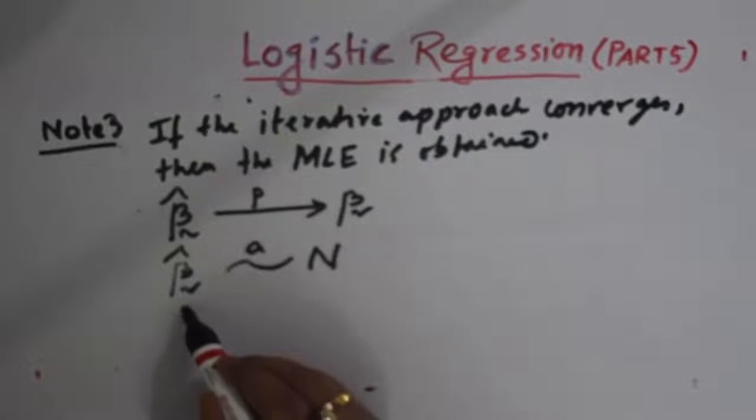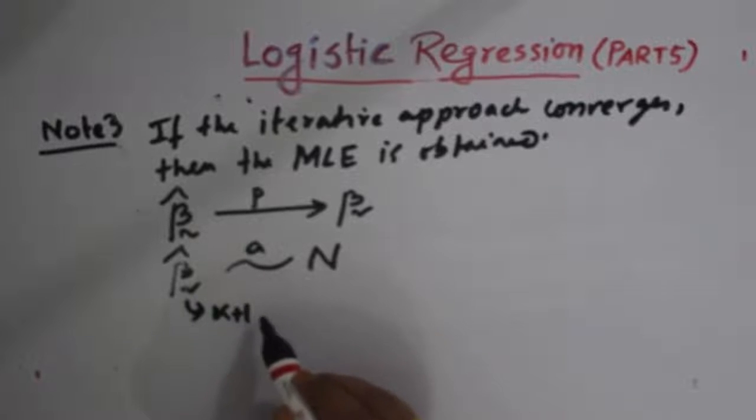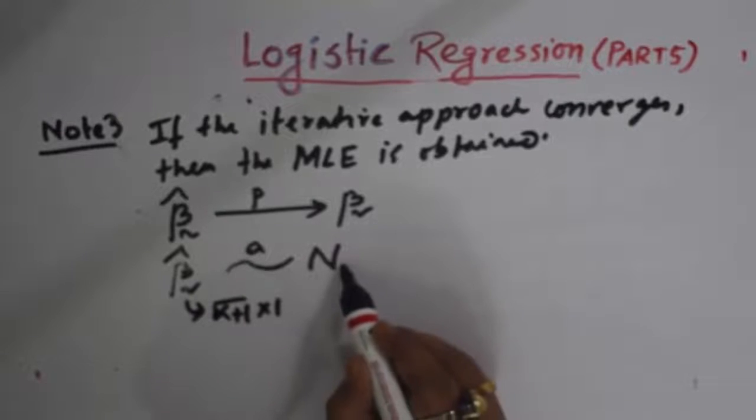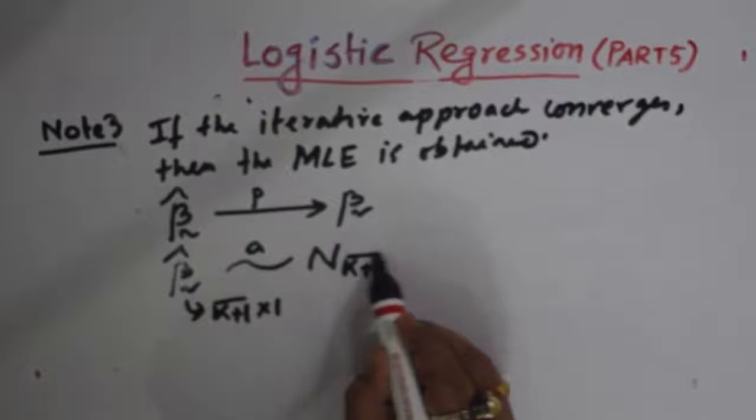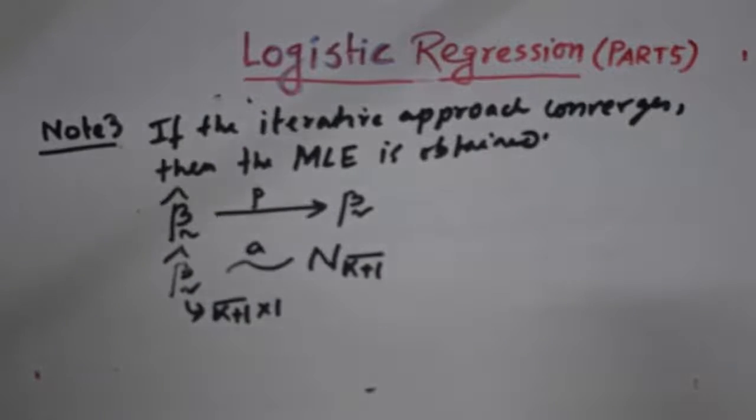Because beta hat curl is of order k plus 1, it is a k plus 1 dimensional multivariate normal.